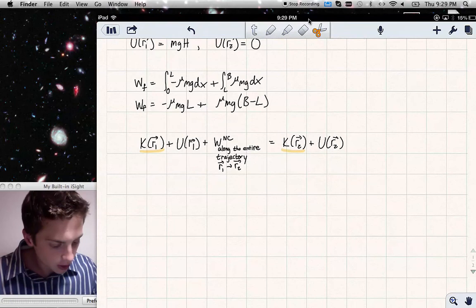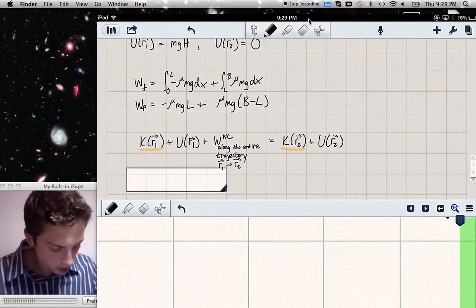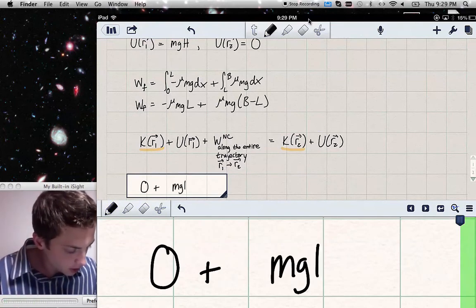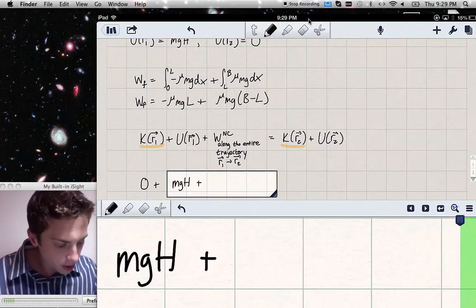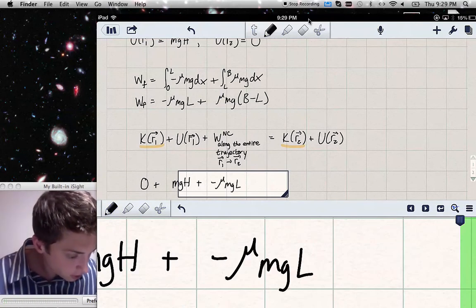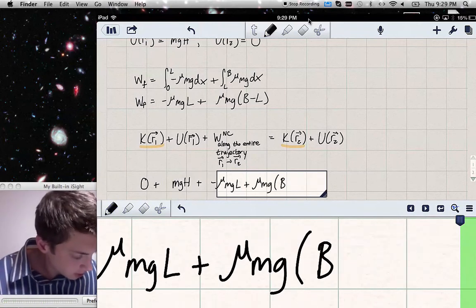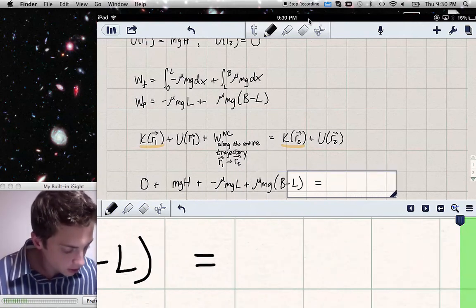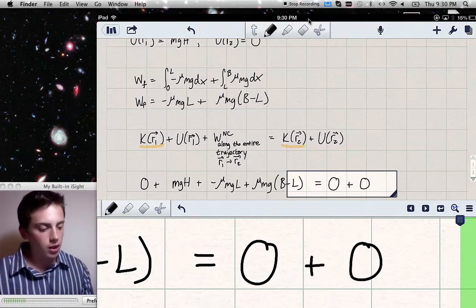So K at R1, remember, starts at rest, that's 0. Plus U at R1 is mgh, plus the work done by non-conservative forces. We just calculated the work done by friction along the entire trajectory, so it's minus mu mg L plus mu mg (B minus L). That's equal to K at R2, 0, it ends at rest, plus U at R2, final gravitational potential energy, 0.